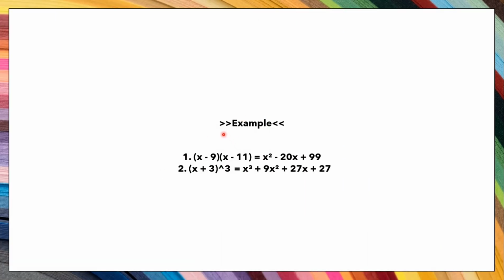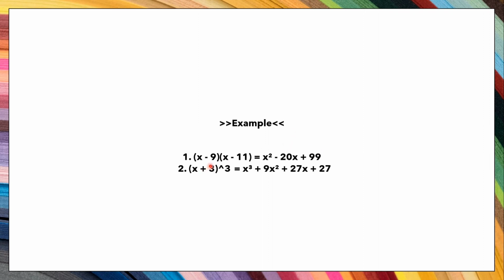And for the last 2 examples, number 1: x minus 9 times x minus 11 equals x squared minus 20x plus 99, because we also have to distribute it if you want another solution. So x times x equals x squared, and x times negative 11 is equal to negative 11x.